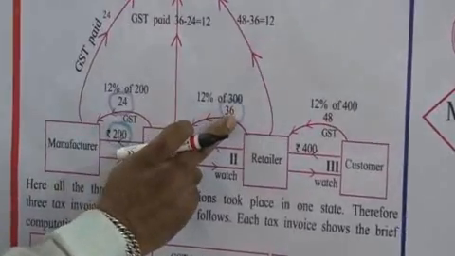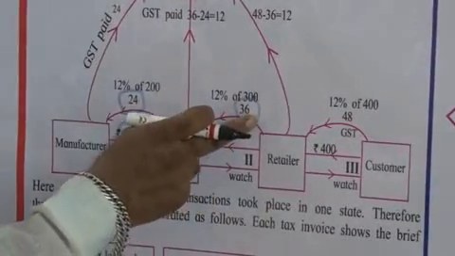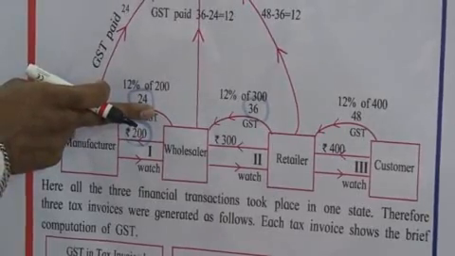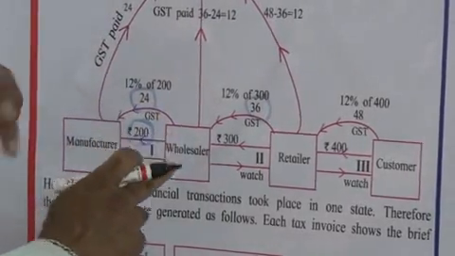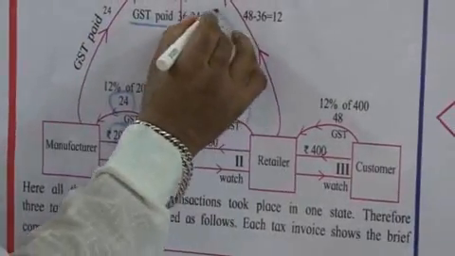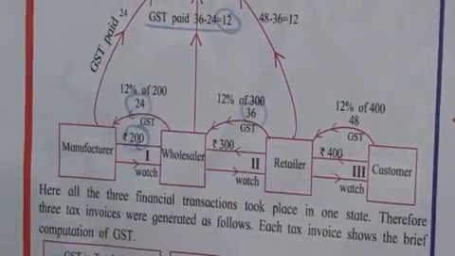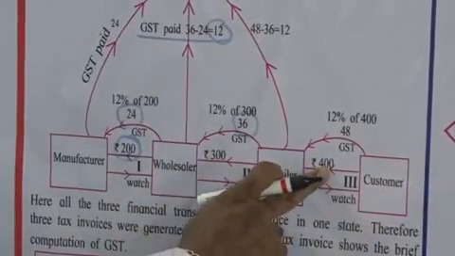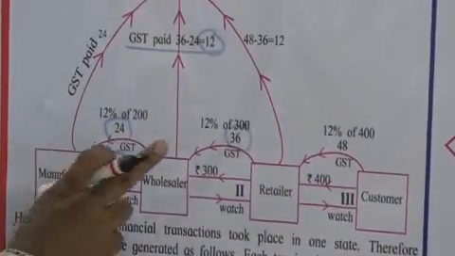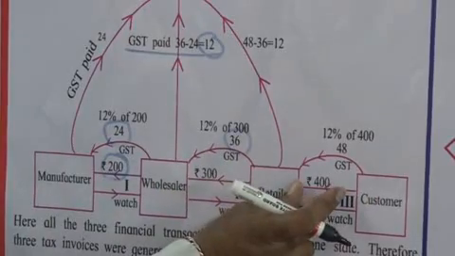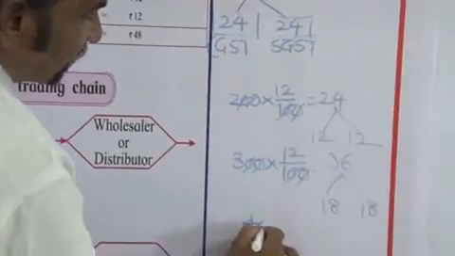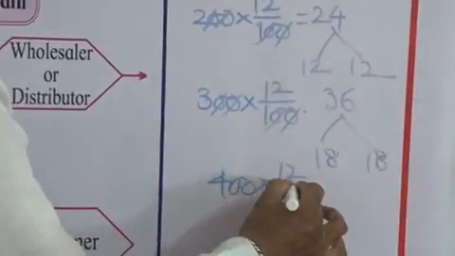Of these 36 rupees which is charged, before the first transaction, 24 rupees is already paid. Therefore, we have to pay only 12 rupees. Now in the third transaction, the same watch, from manufacturer to customer, is now 400 rupees. The rate is the same, therefore 400 into 12 upon 100.